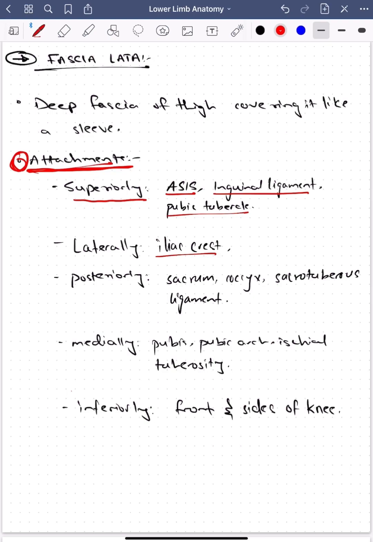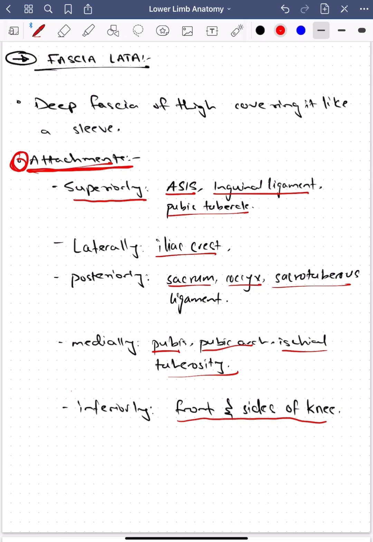The sacrum and the coccyx, and there's a ligament related to them, the sacrotuberous ligament, which will be discussed later on in detail. Next, medially we have the pubis, pubic arch, and the ischial tuberosity. So these are the pins on top. Now you're going to go to the bottom, and on the inferior side we just attach it to the front and sides of the knee.